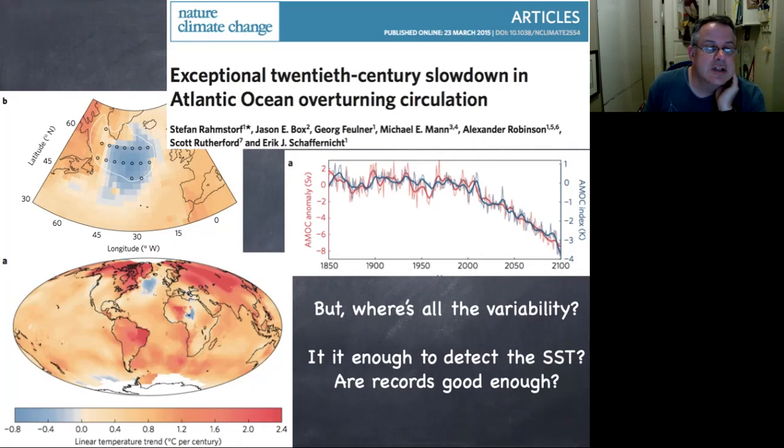So changing AMOC conditions, meridional overturning circulation conditions, are leading to this cold hole.